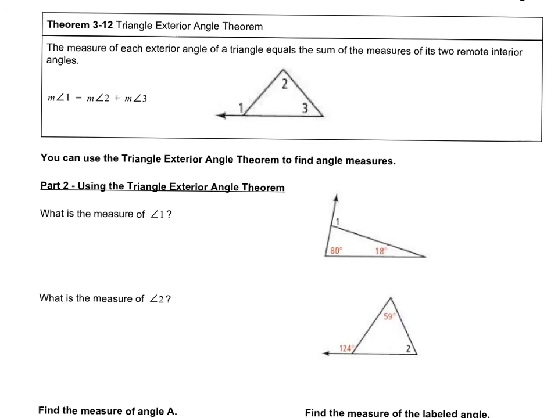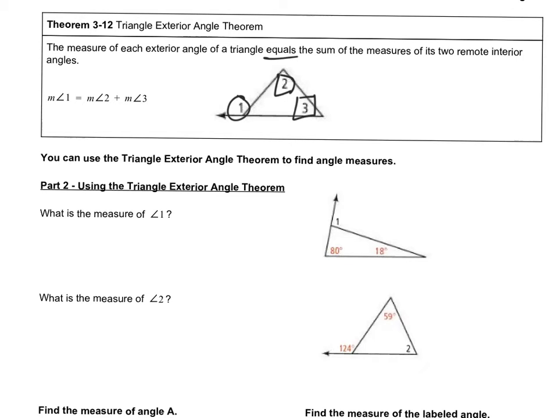Theorem 3.12, the Triangle Exterior Angle Theorem: the measure of each exterior angle of a triangle equals the sum of the measures of the two remote interior angles. So the measure of angle 1 is the measure of angle 2 plus the measure of angle 3. Add the two remote interior angles together, and you get your exterior angle.